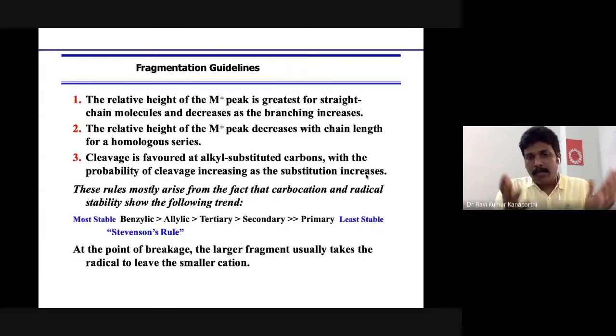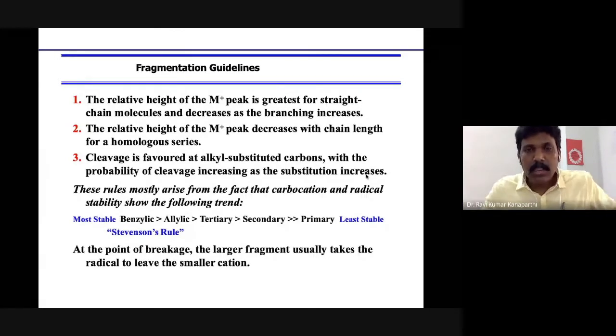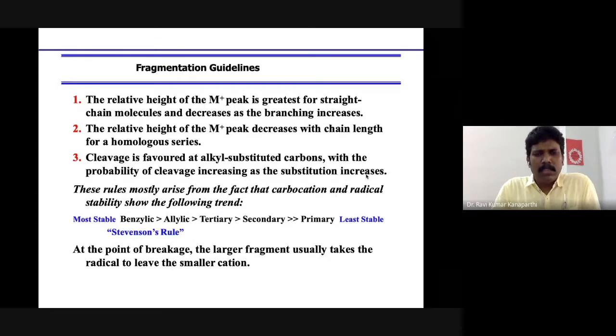Those are the general aspects about mass spectrometry, and there are several people. If you recall, in my first lecture I mentioned a couple of scientists like Stephen Syme and many other people who worked on several classes of compounds and formulated some guidelines.